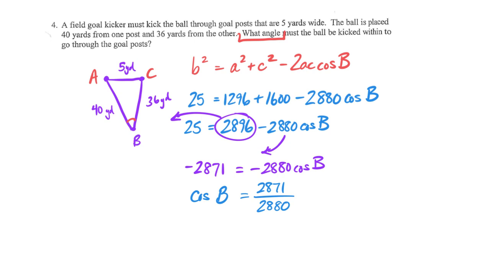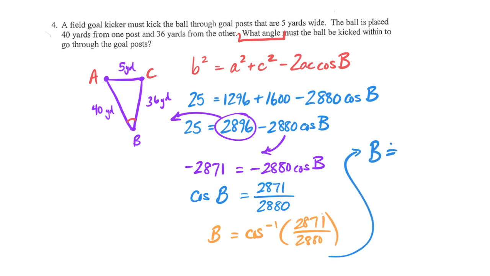Similar to our unit, you can skip this line of saying B is equal to the inverse cos. Please feel free to skip that orange. And I'm just going to wrap up right in here and go straight to an angle of B. Now, we're probably imagining something pretty small. So when I calculate 2,871 divided by 2,880, and then take the inverse cos of that, I'm going to get approximately.